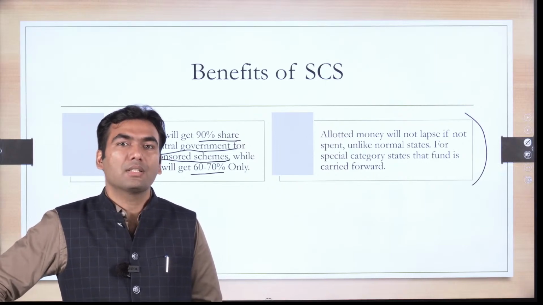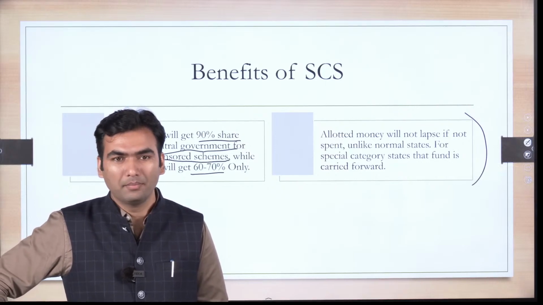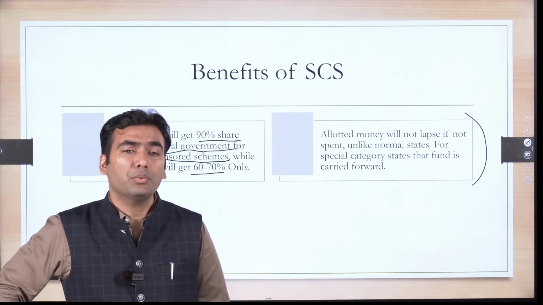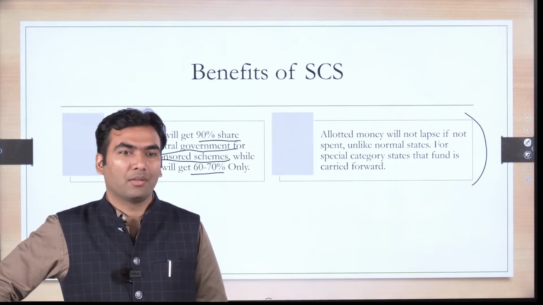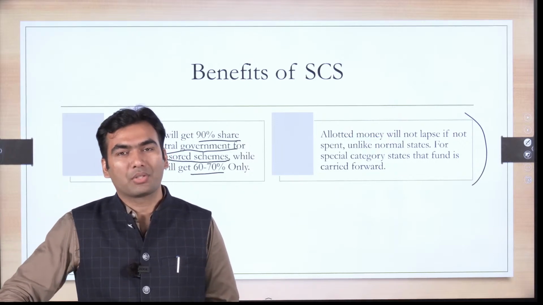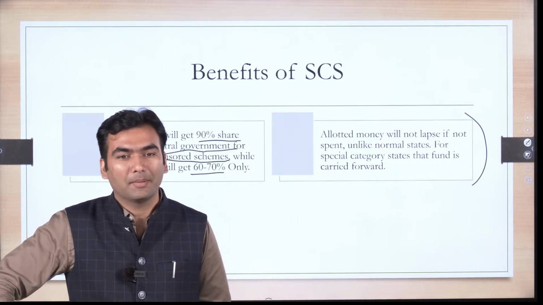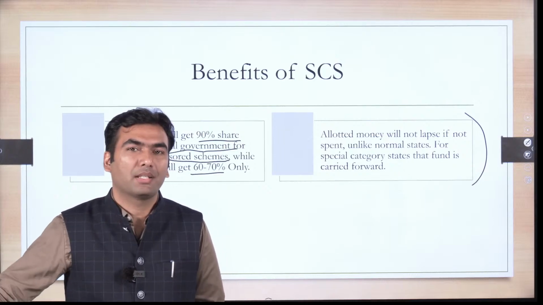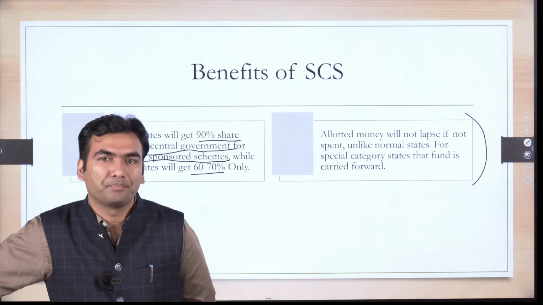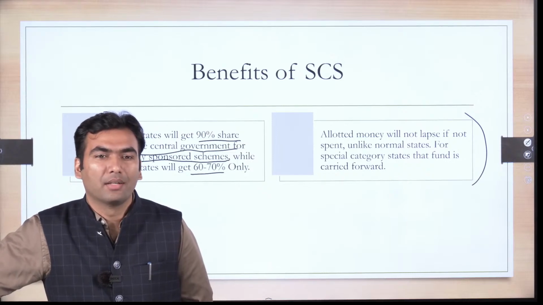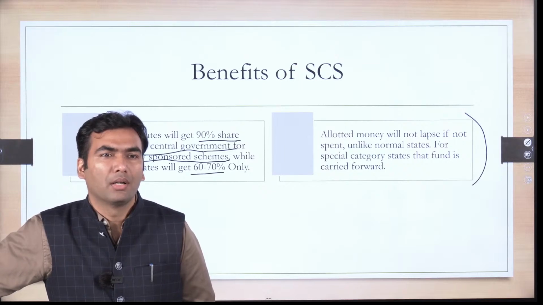Because of this reason, people tend to spend a lot in the month of March. Many times it used to happen that a state government department's expenditure until January would be roughly around 33% of the total annual target.